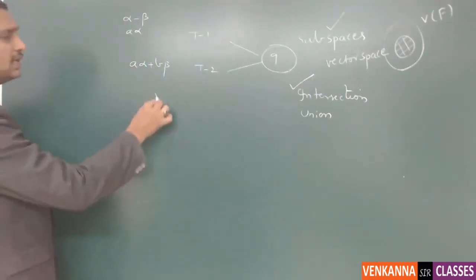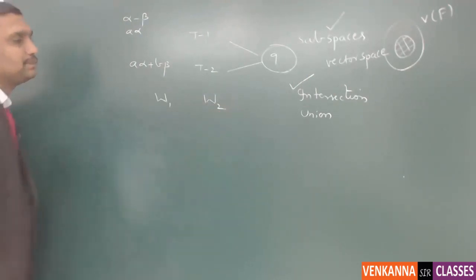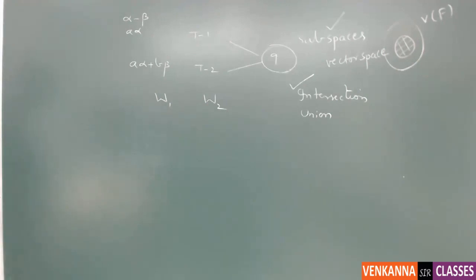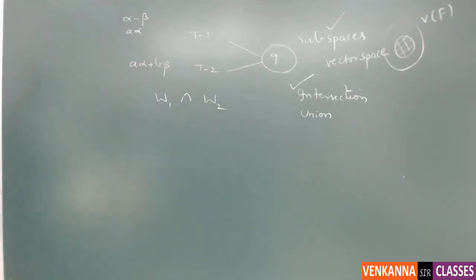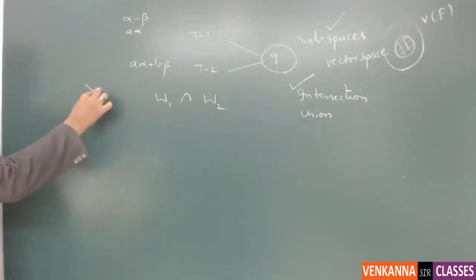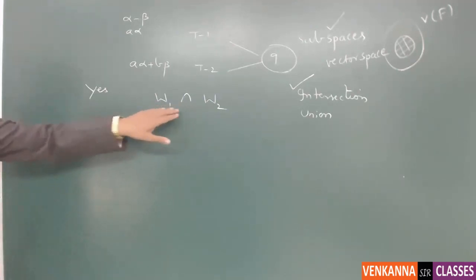Suppose I have taken 2 subspaces W1 and W2. Now my intention is to check whether the intersection is a subspace or not. And the result is yes. Let us prove it. So intersection is nothing but the common part of the 2 sets.